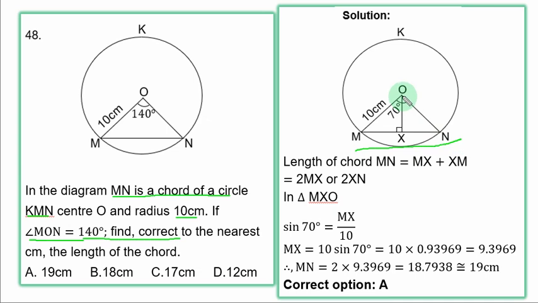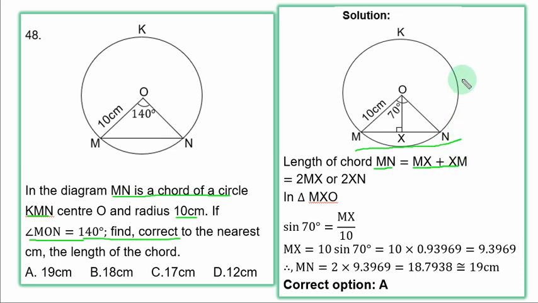So we have the angle at the center, because we now have a triangle, half. So half of the angle at the center is 70 degrees. Now length of chord is MN, and MN is MS plus SN.